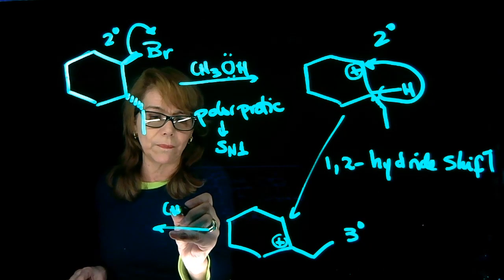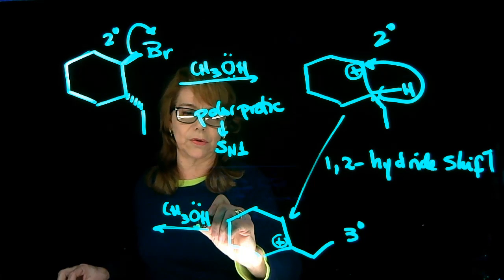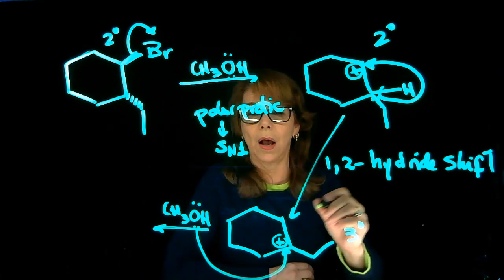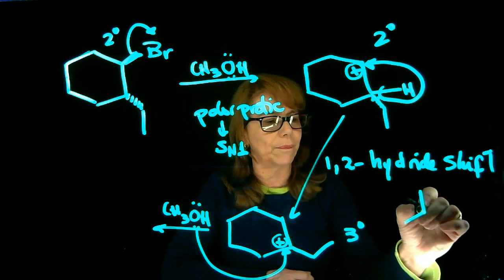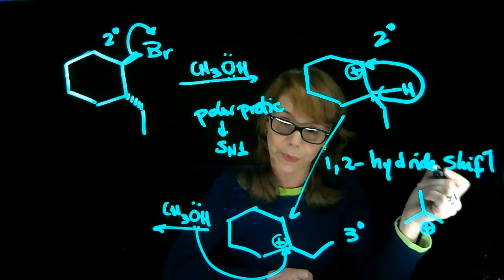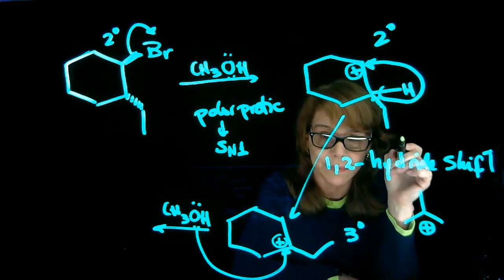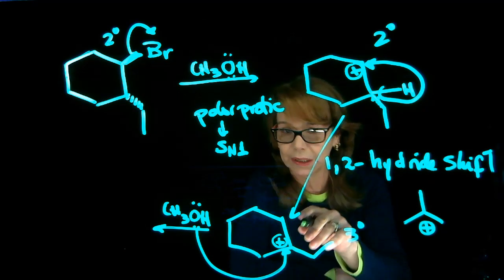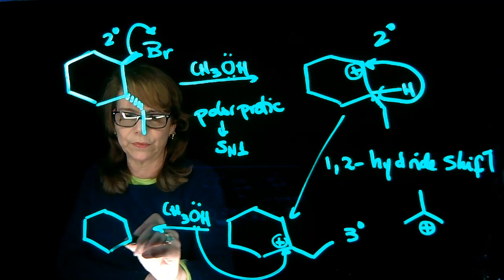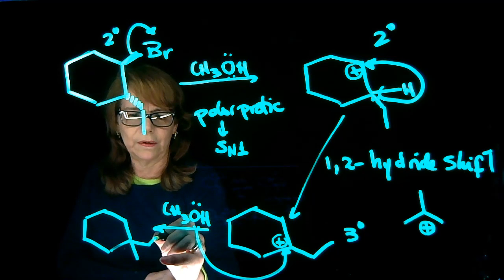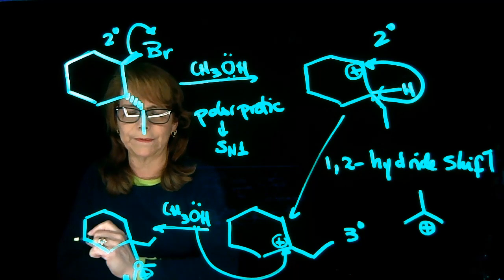And what is the nucleophile? Methanol. So here you will have the nucleophilic attack. Also, in this case, you're not going to make a chiral center, but do remember that carbocations are trigonal planar, and if you're making a chiral center, since the attack can be from either side of the plane, you form a racemic mixture. Not in this case, because you're not making a chiral center. So your initial product is going to be, I'm not going to draw any specific configuration, but here you have, it's still protonated.